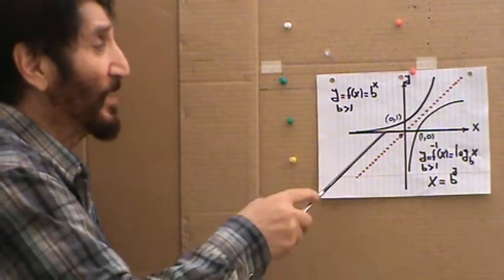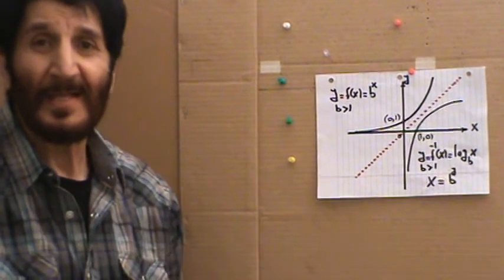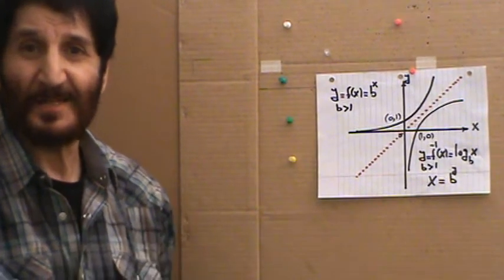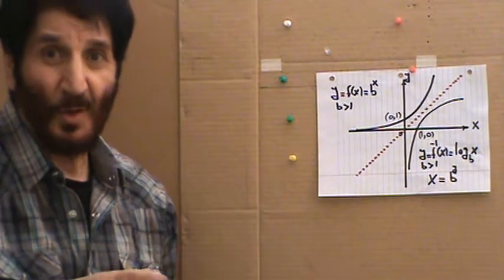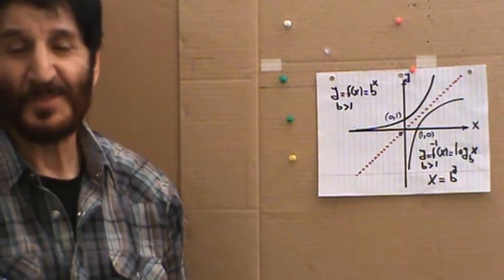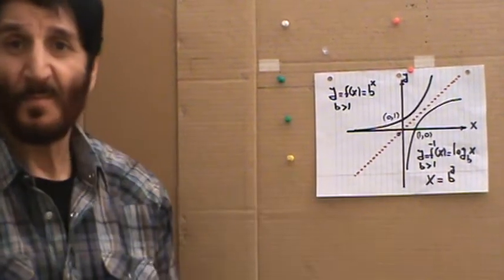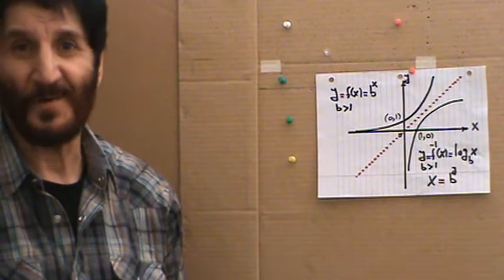Meaning the composition of this function and this function is the identity, which means whatever you put into the composition function, the same thing comes out. So we call it identity. So this is the relation between the exponential and log functions.